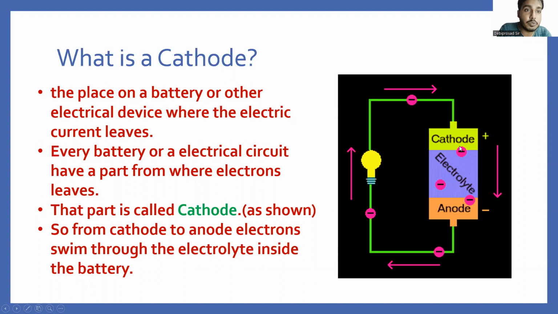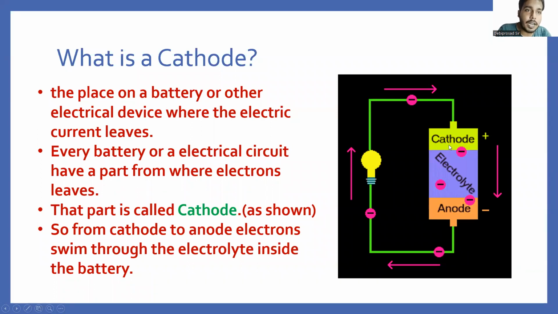The electrons are swimming towards the anode and completing the cycle. You can see the arrows. In the cycle there is a bulb, which is lit by the action of those electrons flowing.